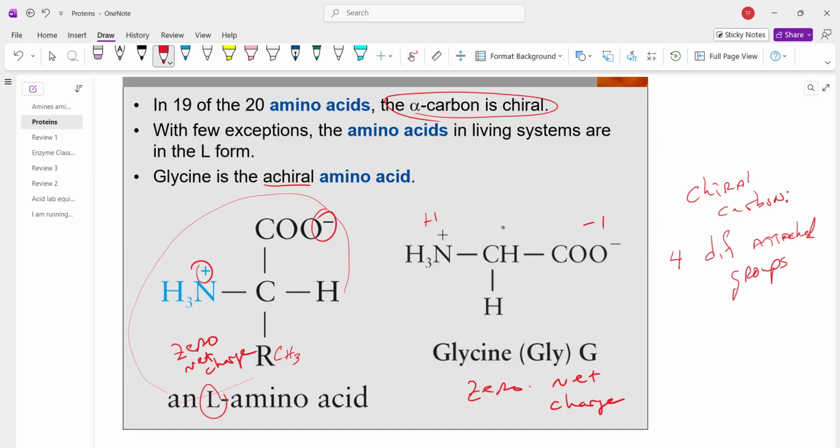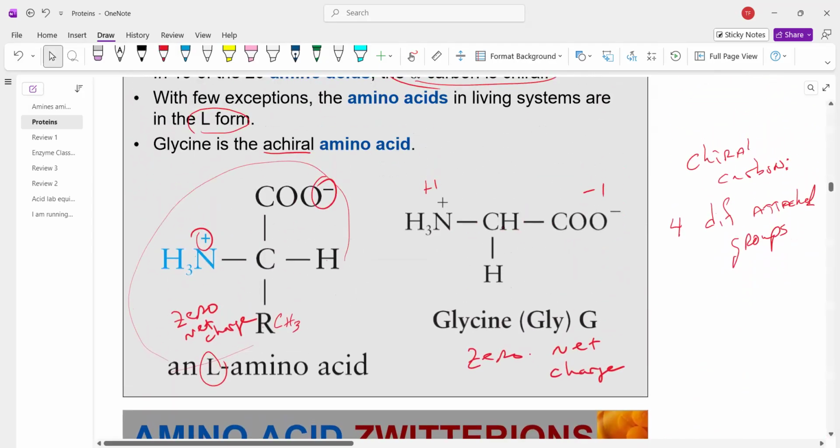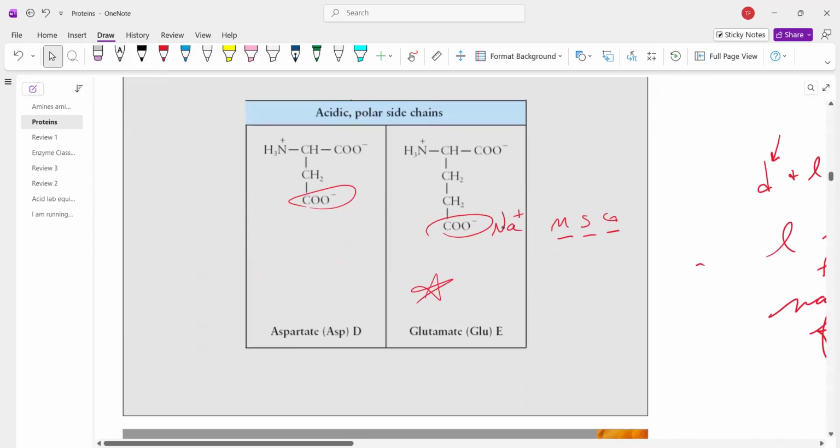Now with amino acids, the natural form is going to be the L form, not the D form like carbohydrates. Now what's interesting is MSG, monosodium glutamate, comes from glutamic acid, or in the ionized form, glutamate.